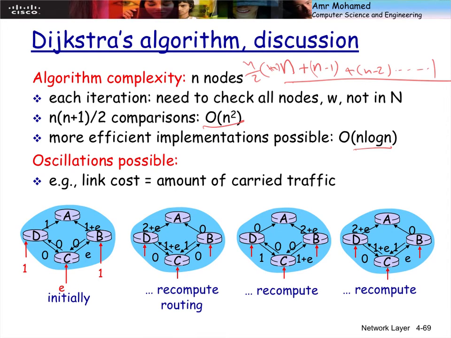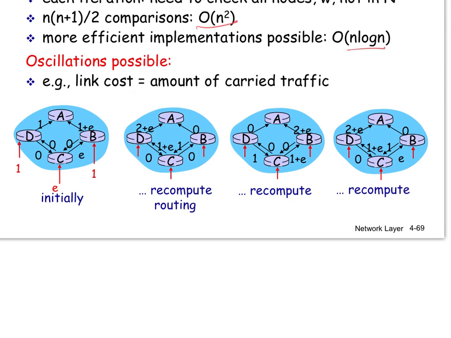Right? Because, for example, let's say we have a node. This node has a theoretical bandwidth of, say, 10 gigabits per second, which is very high, right? So which means that in terms of cost, the cost of this link will be very, very low.